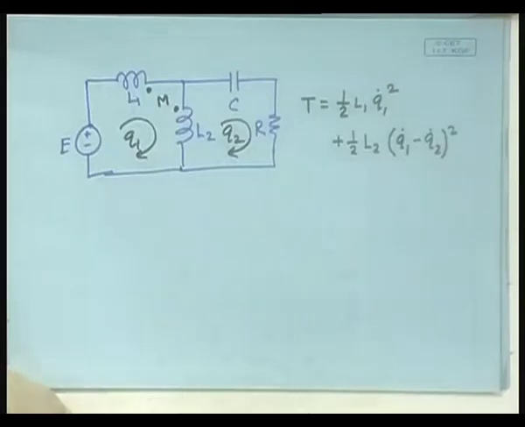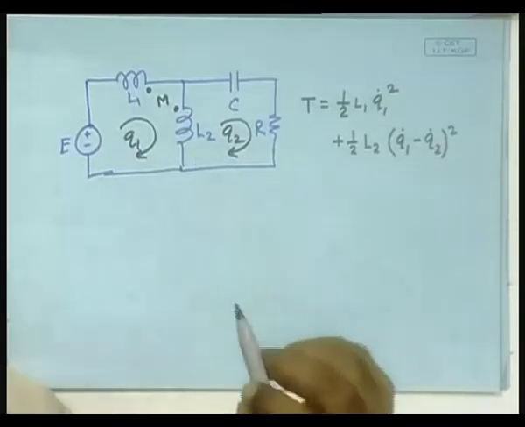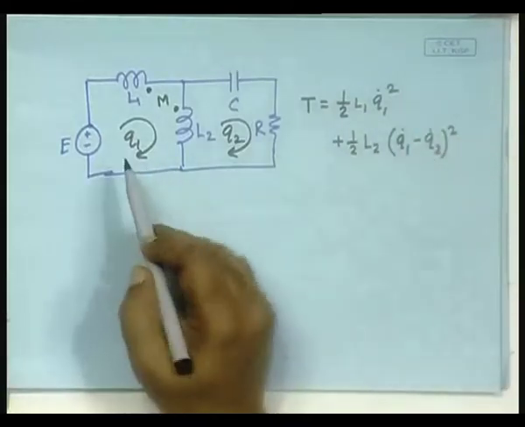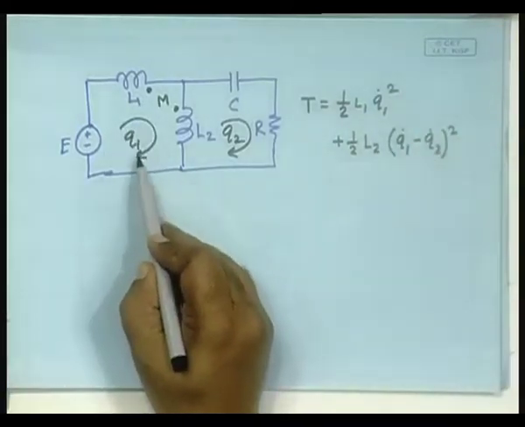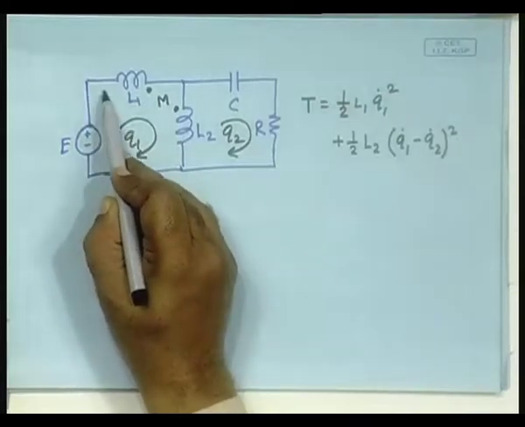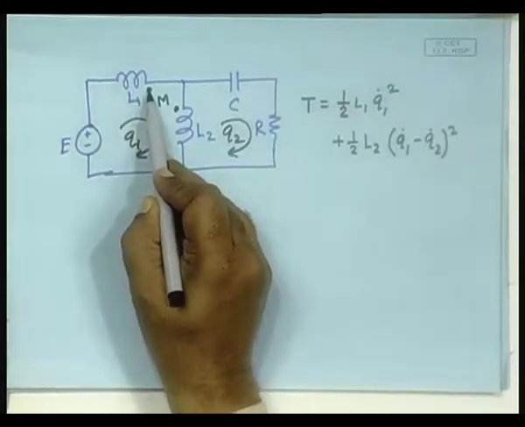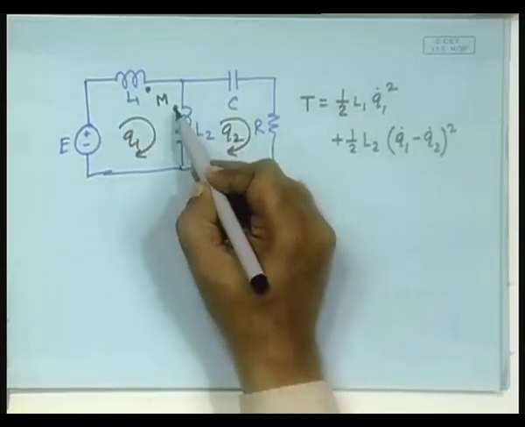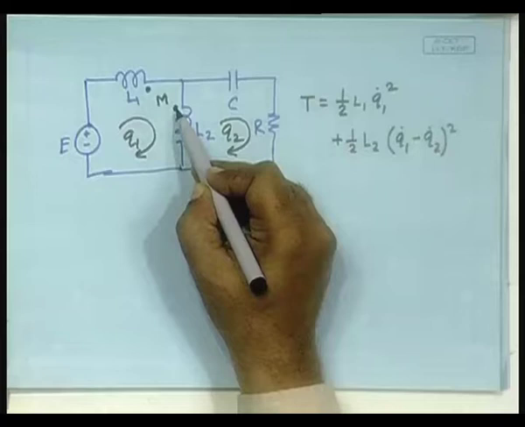Now, if the mutual inductance is additionally there, then you see the Q1 current is going out of this blob and the Q1 minus Q2 current is going into the blob.